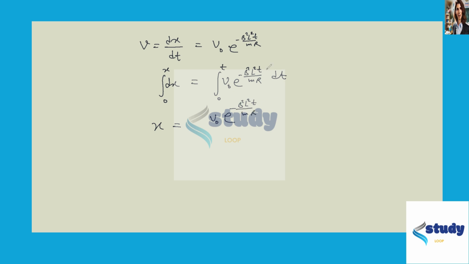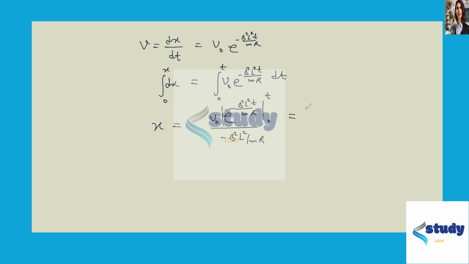Now this function as a power of this e will be differentiated with respect to time, and we will get here this minus B square L square by m times of R, having the limits of time from 0 to t.